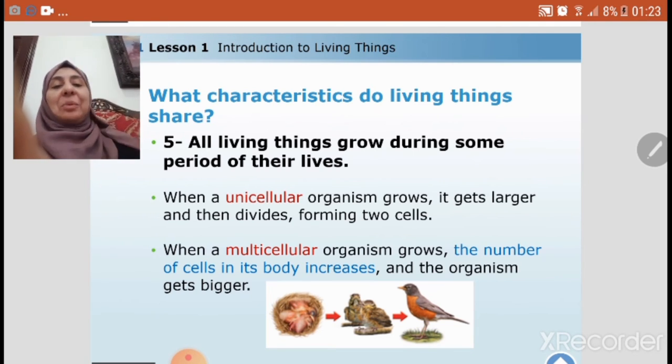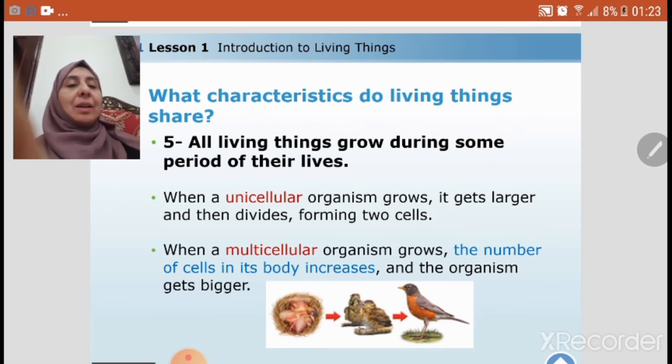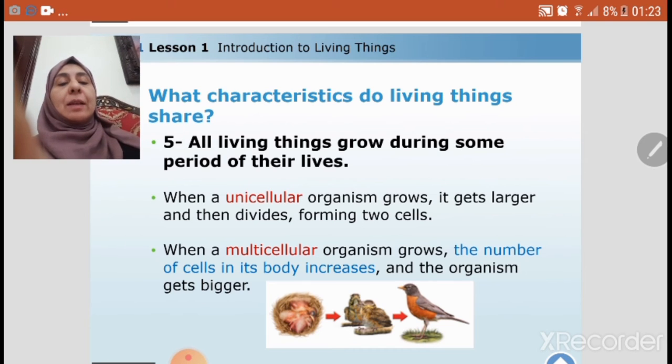Okay, now we said that there are two types of living things, unicellular and multicellular. What do you think? How is the growth different between the unicellular and the multicellular? Actually, unicellular organisms, made of one cell only, can grow to a very limited size.